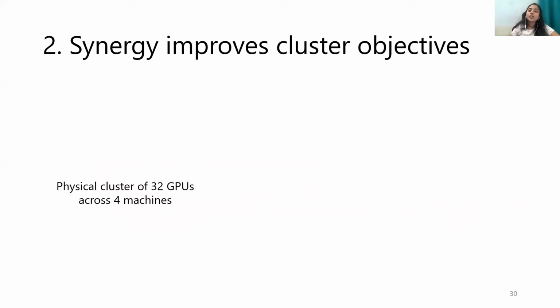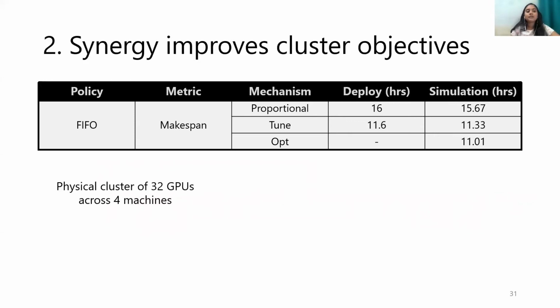Second, Synergy improves the overall cluster objectives like the average JCT and makespan. We first evaluate makespan for the FIFO scheduling policy using the baseline GPU proportional allocation, Synergy, and the optimal policy, on both deployment as well as our simulator. In both cases, we used a cluster of about 32 GPUs. There are 3 main takeaways here.